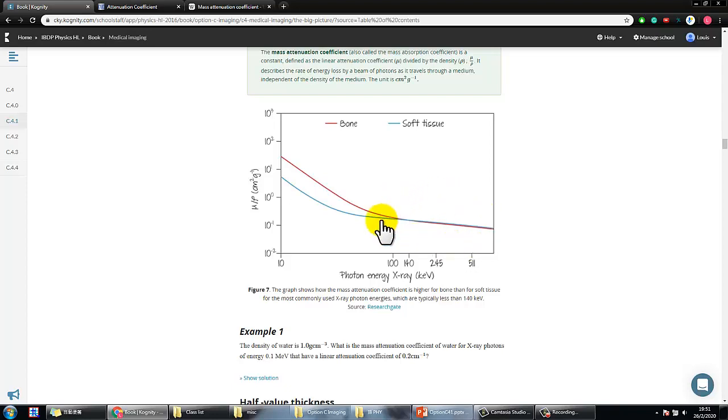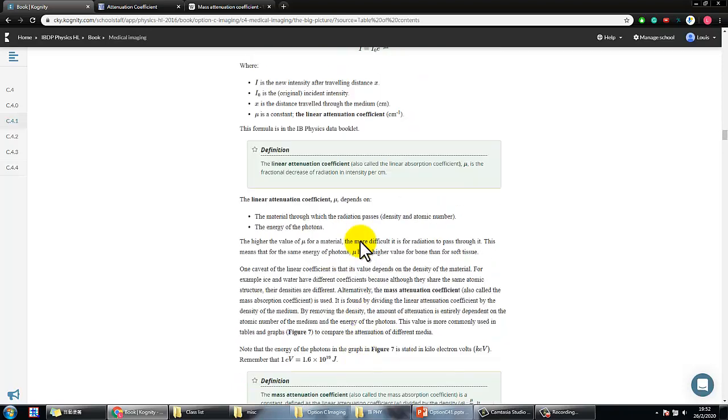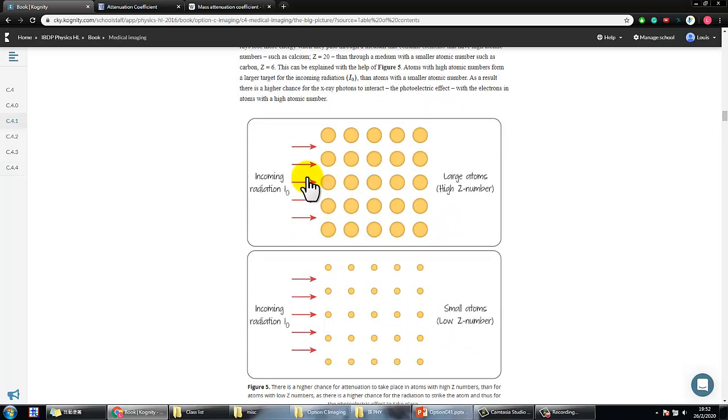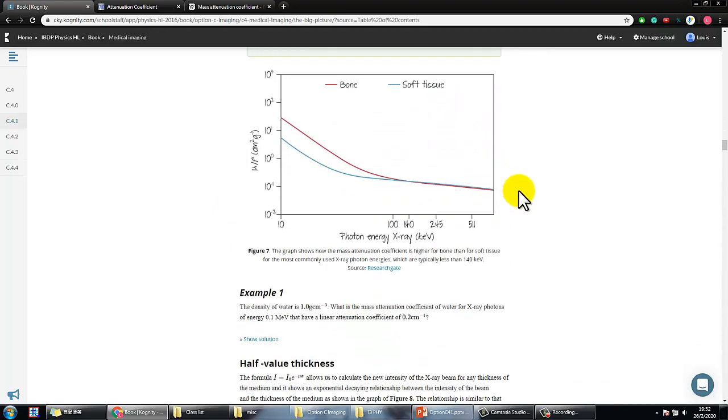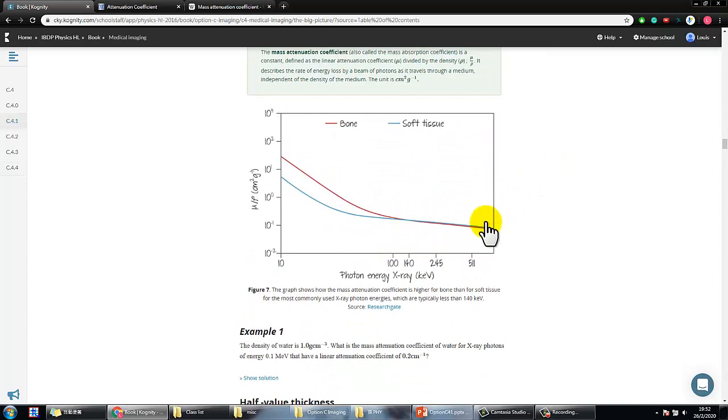I don't think we have to remember the result, but what you have to understand is, like we said, for different energy of X-ray, if you remember we can apply a higher voltage, then X-ray will be of higher intensity. Imagine you got more energy at the beginning, then of course more can pass through it, so the attenuation rate will be less in that case. So that's why it gets lower here.